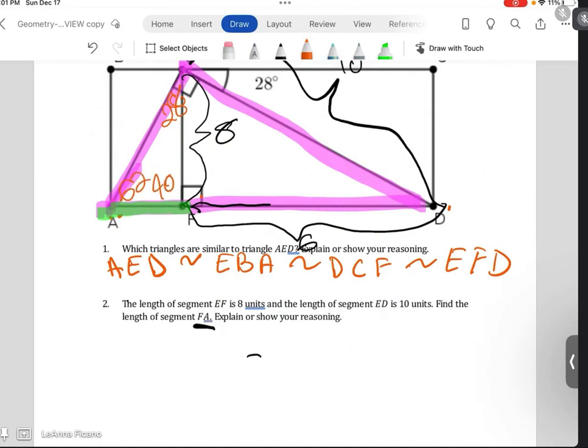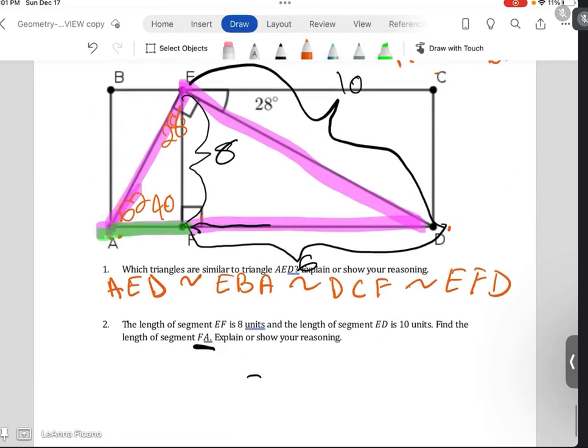Okay, so I have EF over AD is equal to AF over EF.